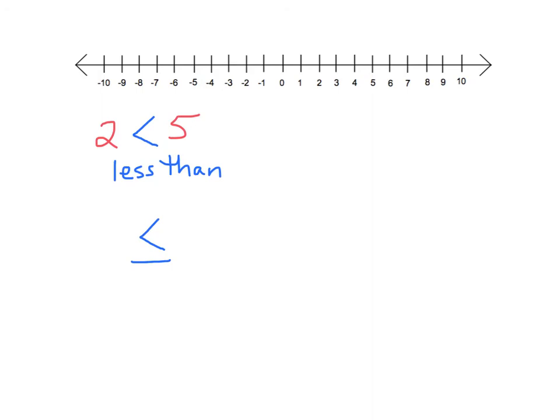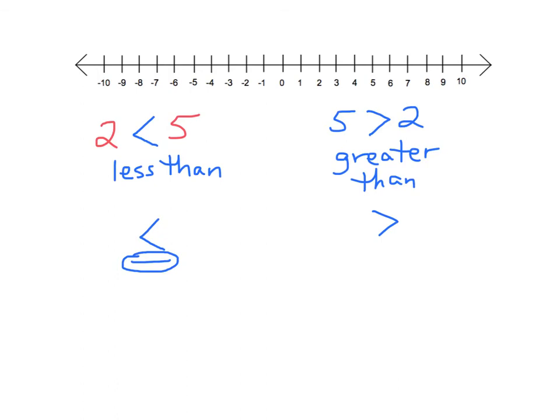I would have that symbol because this particular symbol underneath means that it is equal to it. The greater than symbol looks like this. So for instance, 5 is greater than 2. So this is the greater than symbol. And then once again, if I have greater than or equal to, I would put a line underneath it, or I would underline it to mean greater than or equal to.